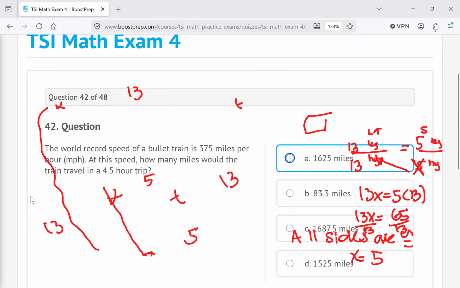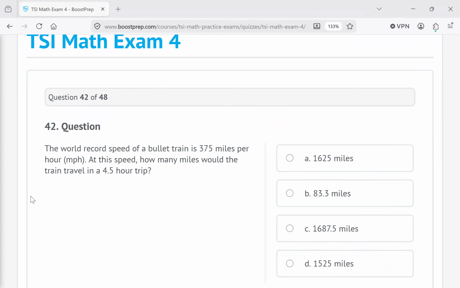Okay, question 42. The world record speed of a bullet train is 375 miles per hour. At this speed, how many miles would the train travel in 4.5 hours? So this is a distance problem, so you need to know this formula: distance equals rate times time. They're asking how many miles, so they're asking for D. The good news is we don't have to isolate any letters, because we want distance. All we have to do is fill in the blanks.